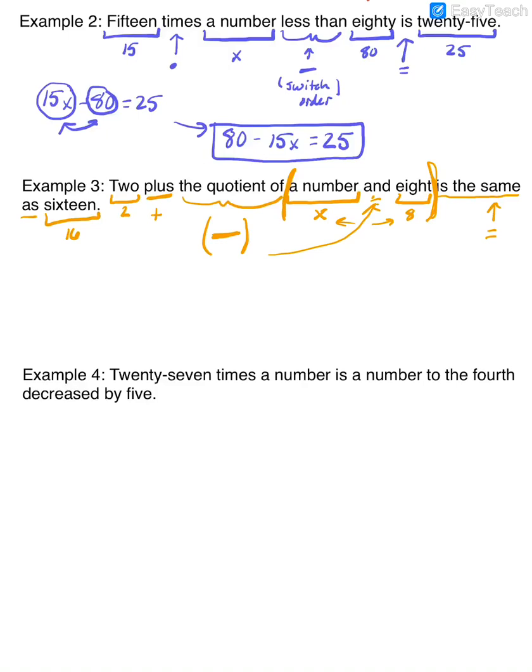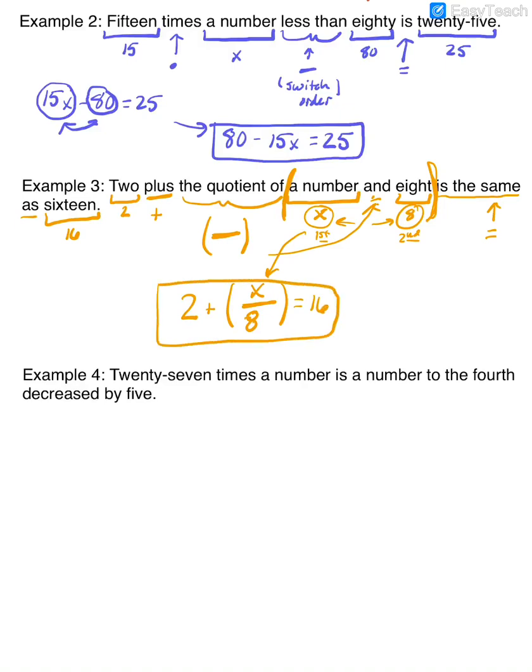So my problem should look like 2 plus parentheses. There's my division. So the first thing that's said in that statement goes on the top. The second thing goes on the bottom. Okay. Just move my arrow so I can write my answer. And then equals 16. So that's my answer.